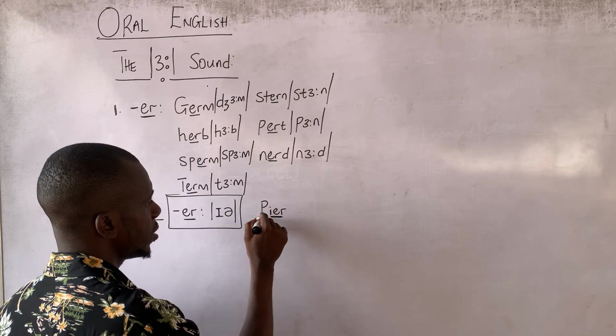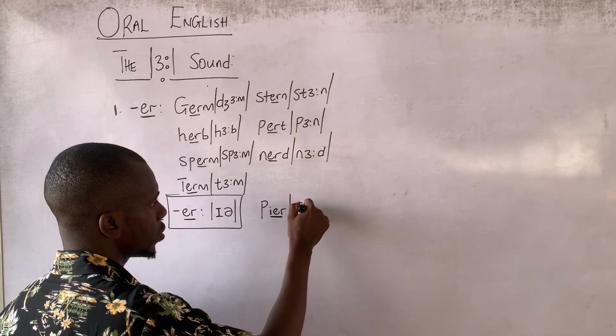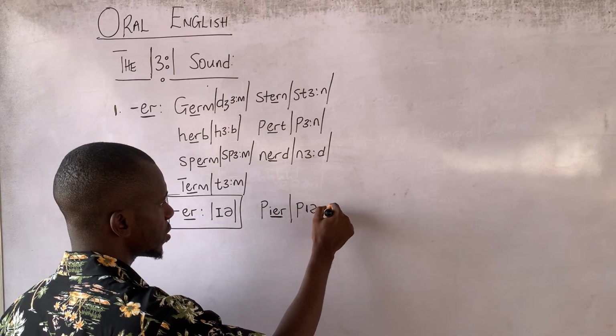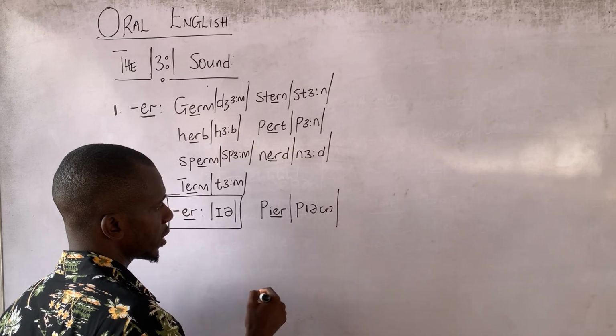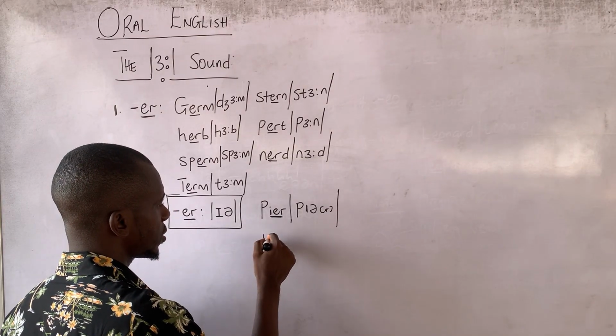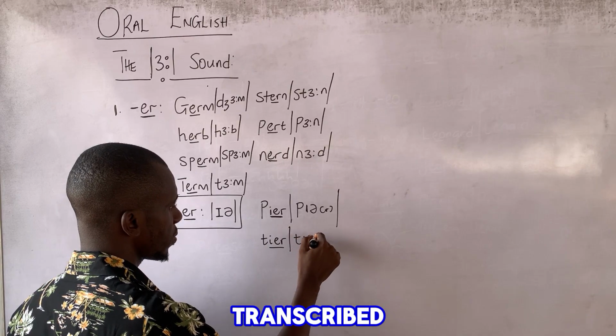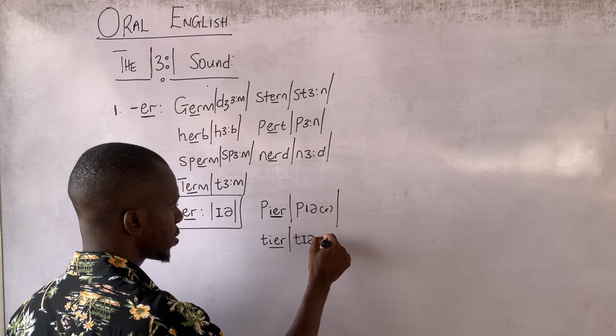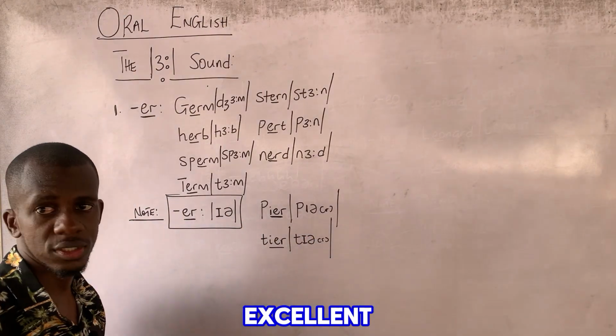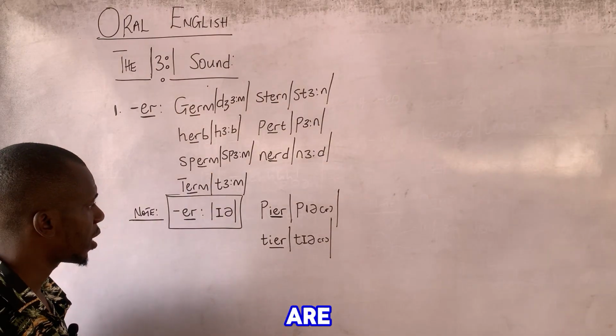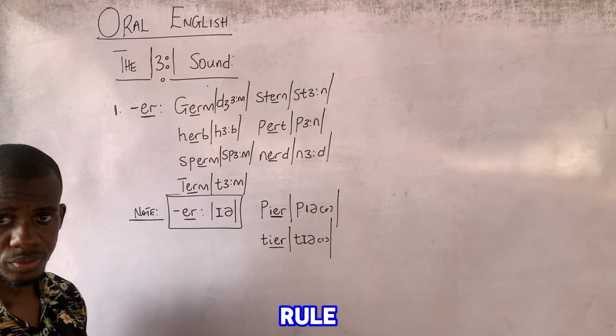You see that? So it will be transcribed as this. In a word like tear, also, it will be transcribed as this. Excellent. So all these are exceptions to this rule.